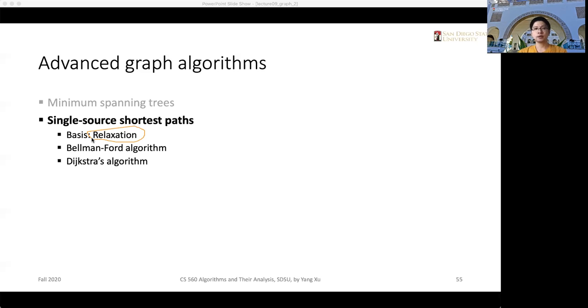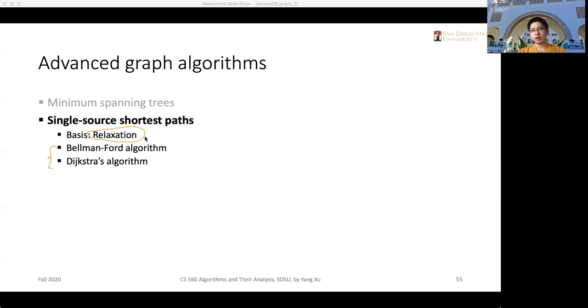Basically, both algorithms we will talk about, Bellman-Ford and Dijkstra's algorithm, call the relaxation operation repeatedly.